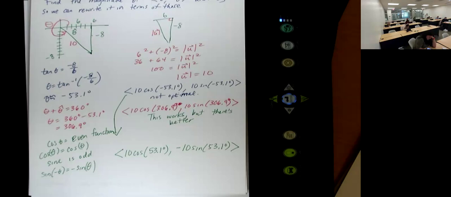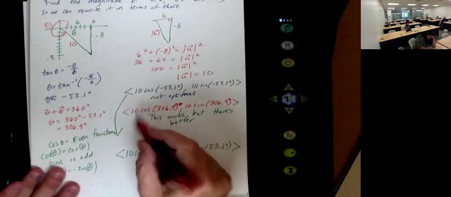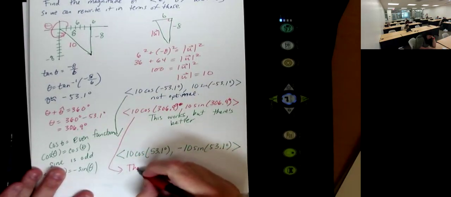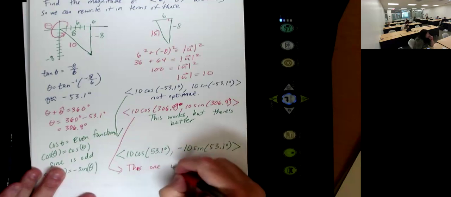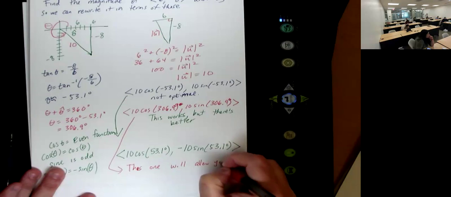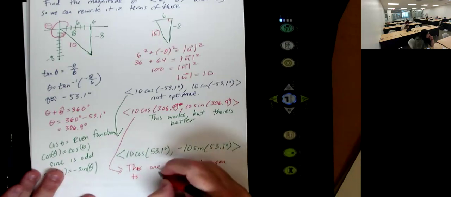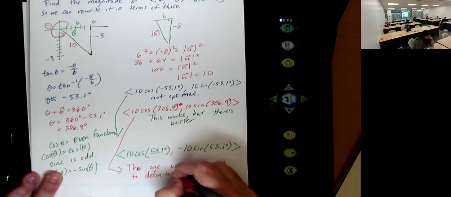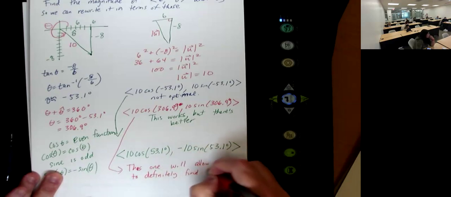Or readability. This one, the one in red, will allow you to definitely find 6, -8 again.